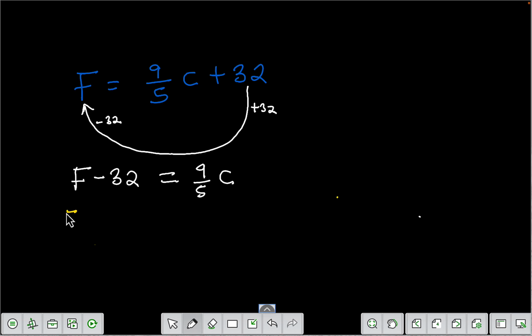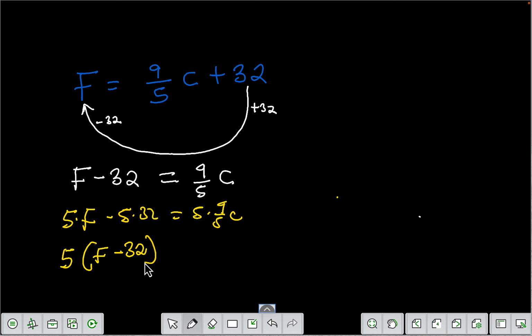So you multiply 5 by F, you multiply 5 by 32, you multiply 5 by 9 over 5 C. This can be written as multiplying 5 by the whole thing here, right? Because this will end up becoming that. Good. And that is equal to, 5 cancels 5, that will give you 9C.